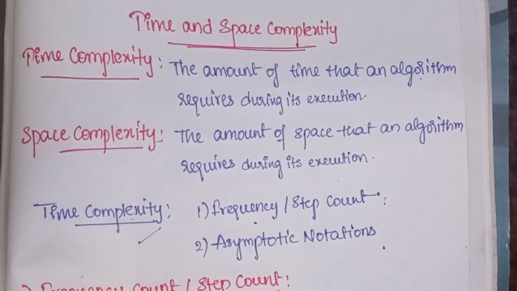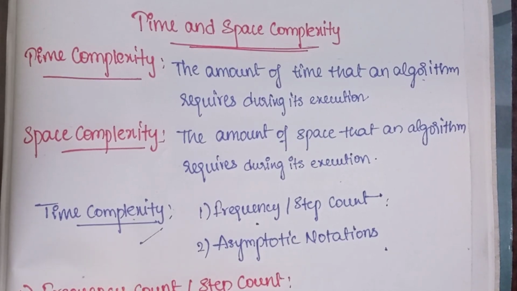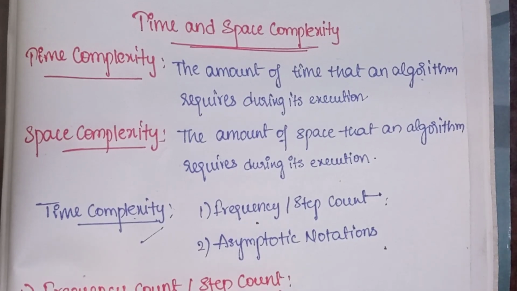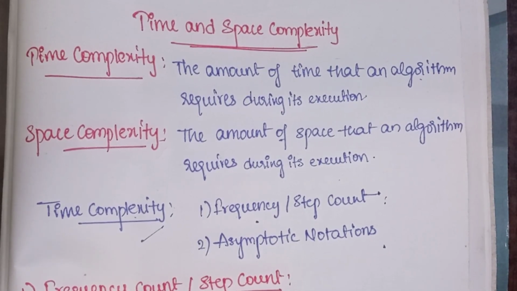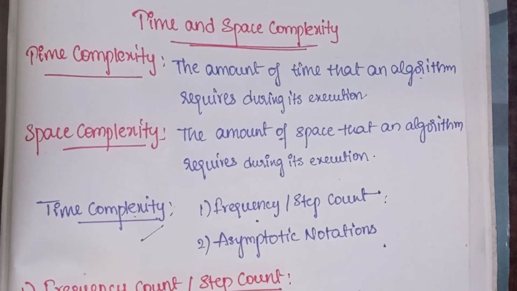So in this video we'll look into what exactly time complexity and space complexity are. We already know the definition of time complexity: it is the amount of time that an algorithm requires during its execution. And space complexity is the amount of space that an algorithm requires during its execution.